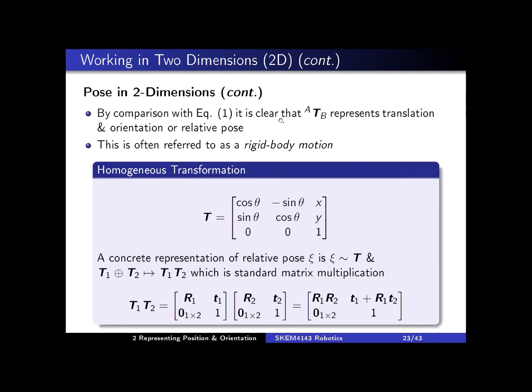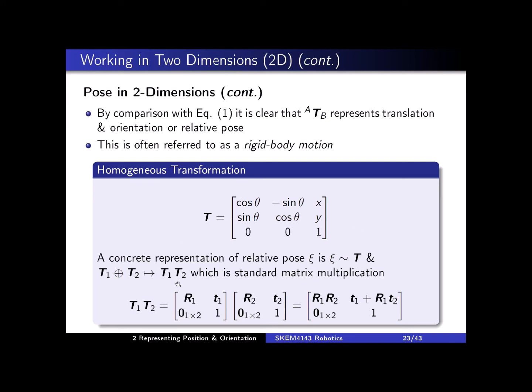By comparison with equation 1, it is clear that TBA represents translation and orientation of relative pose. This is often referred to as a rigid body motion. So now this is our Kasai, a concrete representation of relative pose, T, given by this.